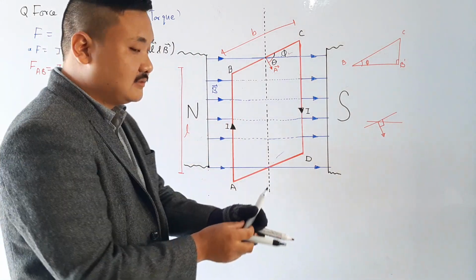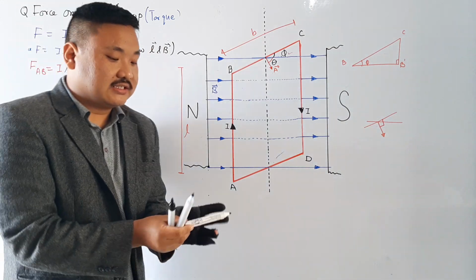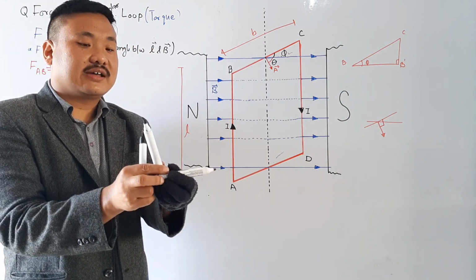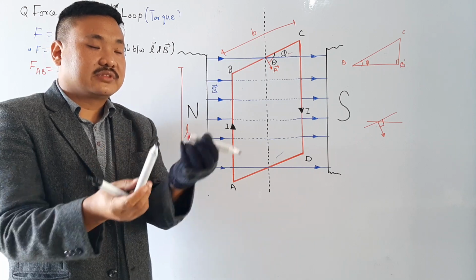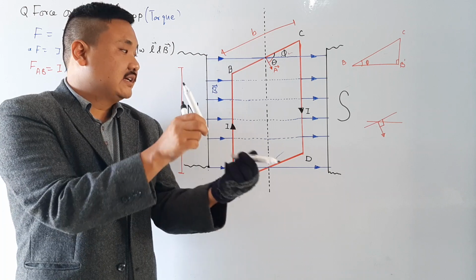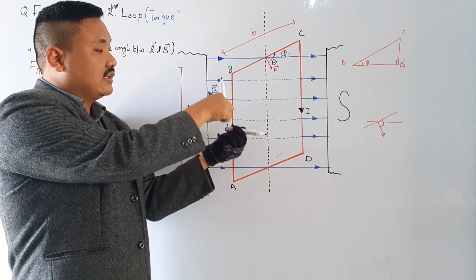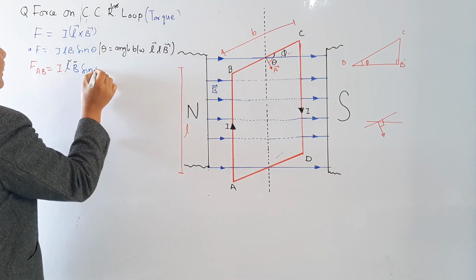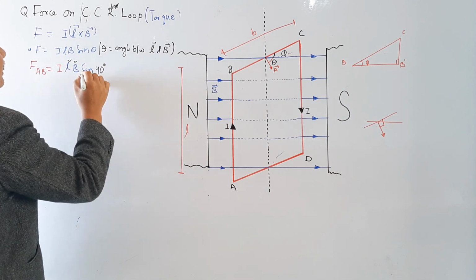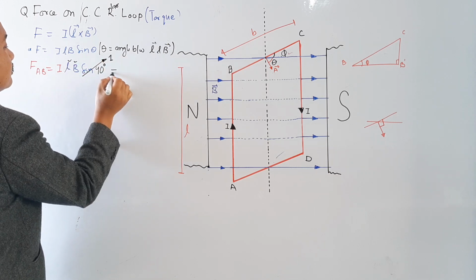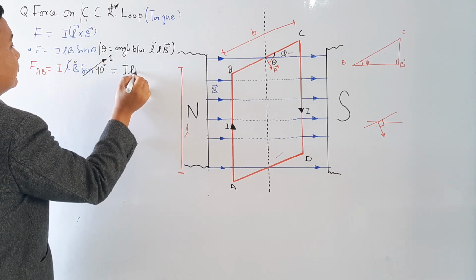How much is the angle? It is 90 degrees. This is the magnetic field and this is my current, isn't it? Can you see this? Magnetic field and length, it is 90 degrees. So sine 90 degrees will become 1. So this will be equal to ILB.